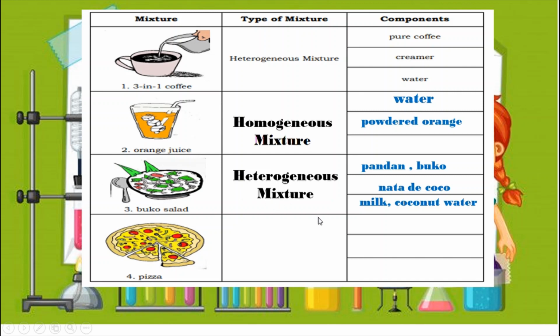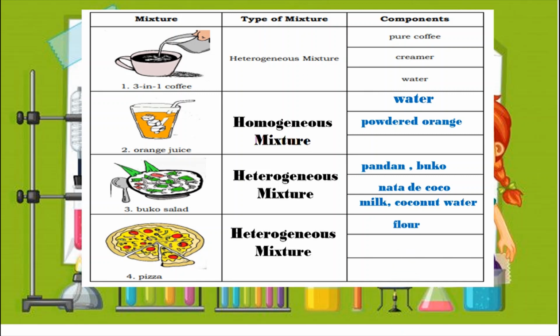So let's go to number 4, pizza. So kaon na ba mo pizza, children? So lamig ni pizza no. So ang pizza, children, because we can easily identify o makita nato ang mga mixture sa pizza. So ang type of mixture ni ana kay heterogeneous mixture. What are the components of pizza?